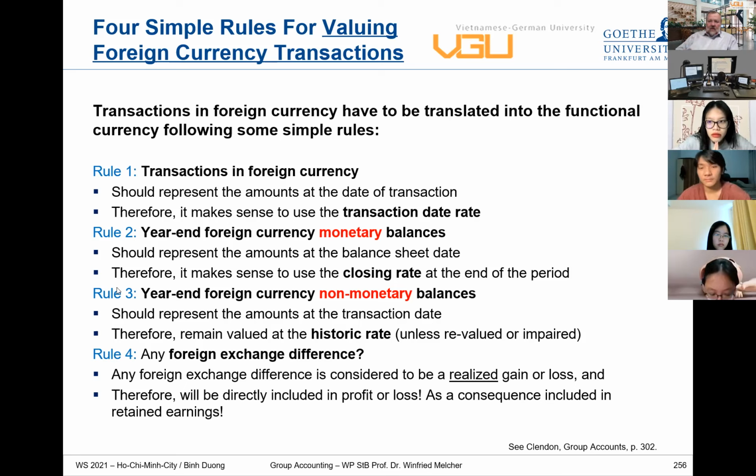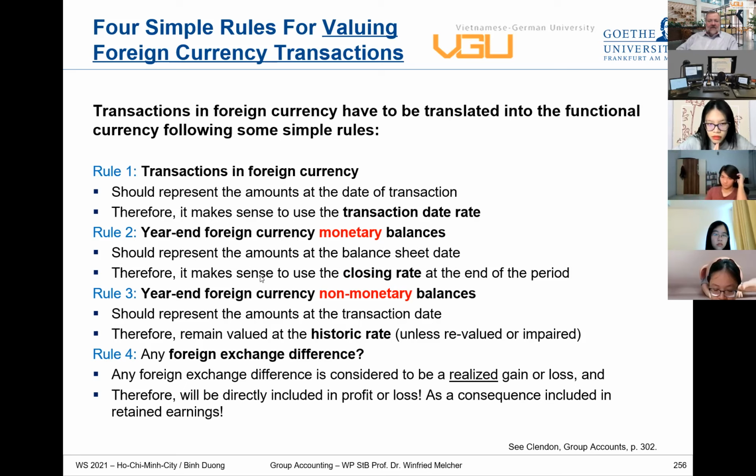So the second rule is for monetary items. If you have monetary items at year end, then those should represent the amounts at the balance sheet date. Therefore, it makes sense to use the closing rate at the end of the period.